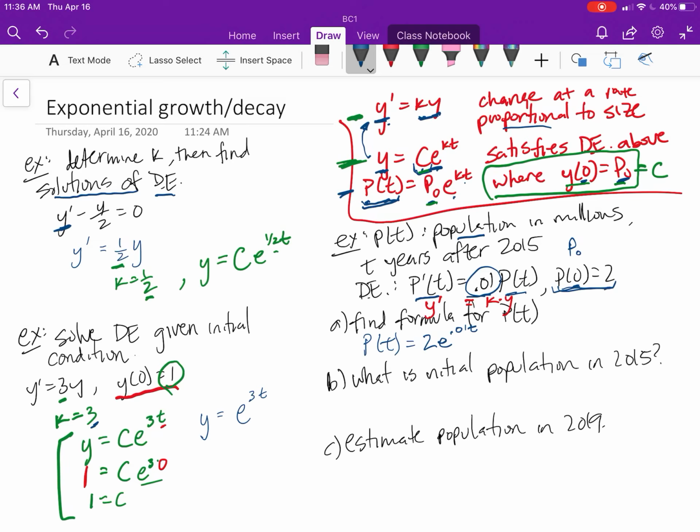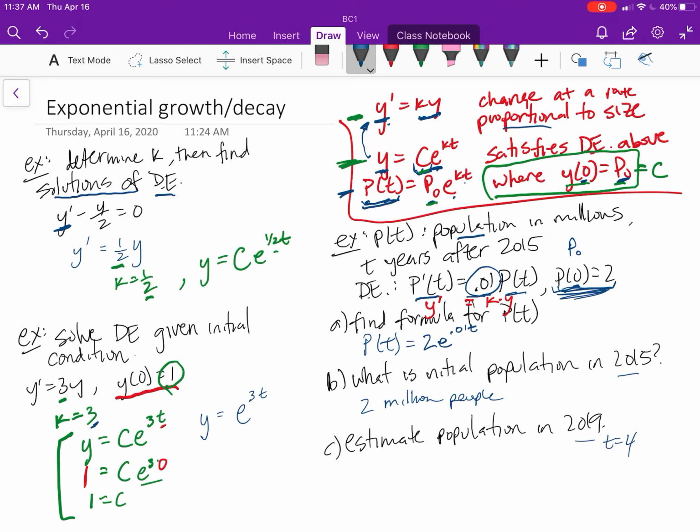What is the initial population? Well, that we kind of answered right here, right? The p of 0. That's 2 million. So 2 million people in 2015. Estimate the population in 2019. Well, 2019 would mean t equals 4, right?